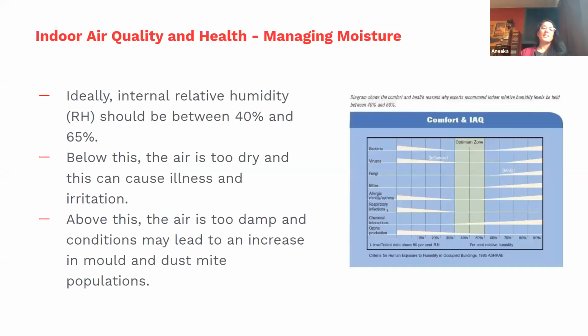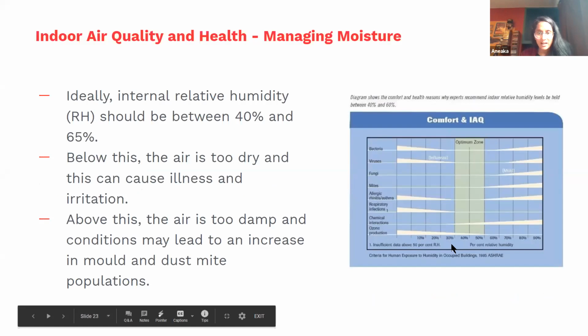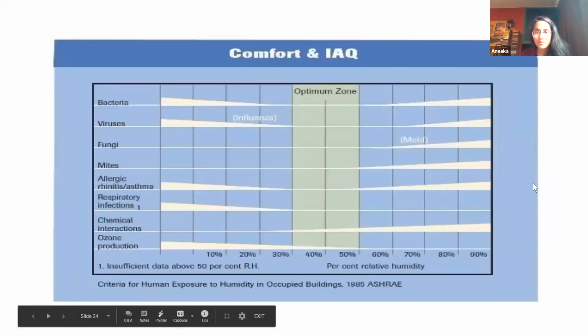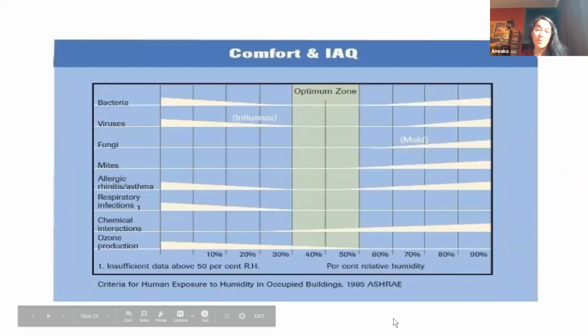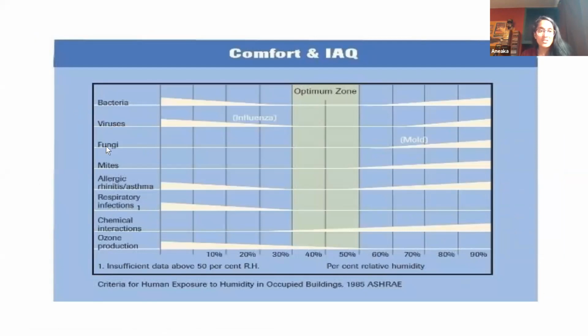Internally, the ideal relative humidity should be between 40 and 65%. This is a really good graph, I think, to show why. When I first saw this, it really impacted me in terms of understanding why people pull out this figure of 40 to 60%. On the right hand side, you can see various aspects that impact our health: bacteria, viruses, fungi, mites, chemical interactions.